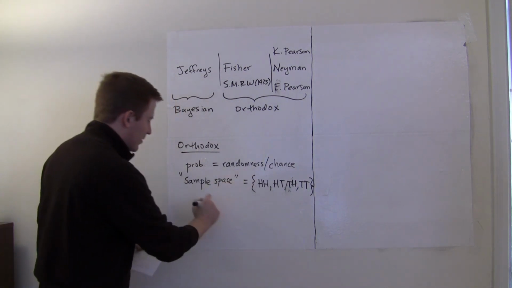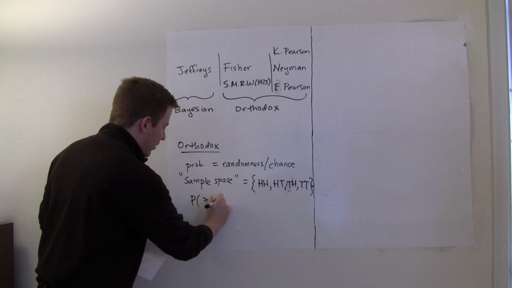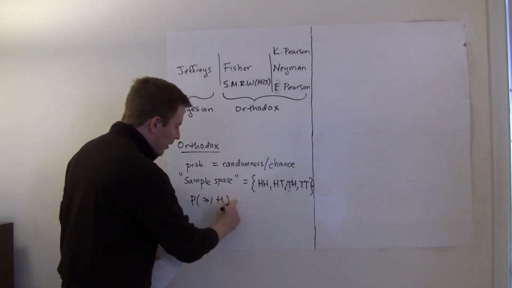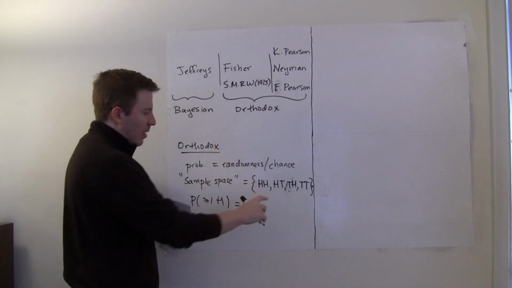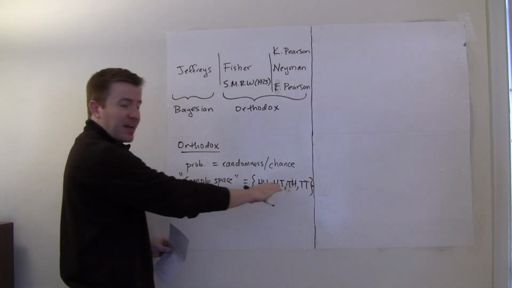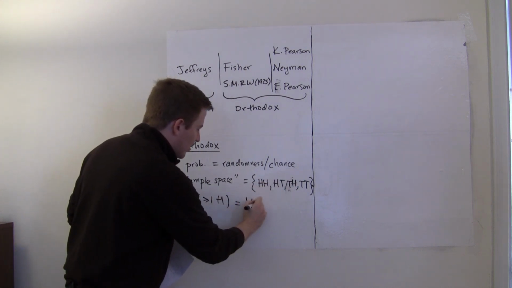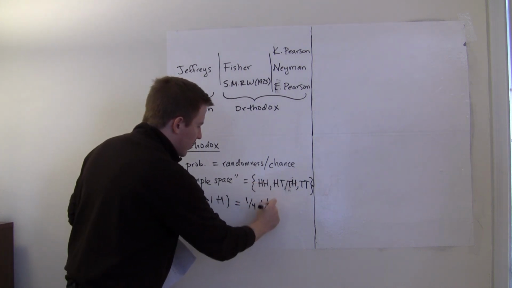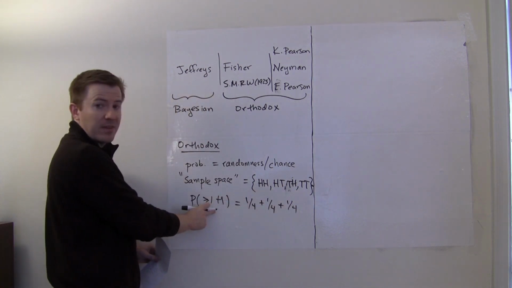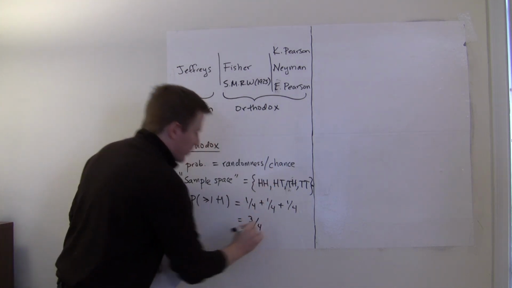For example, let's say we want to know the probability of getting at least one coin that comes up heads. Well, we can look at all of our points in our sample space that correspond to that outcome, and say that each one of these has to have probability of one fourth because they add up to 1. So that's going to be this outcome plus the second outcome plus the third one. Those are the ones that correspond to the event we're interested in, and therefore its probability is 3/4.